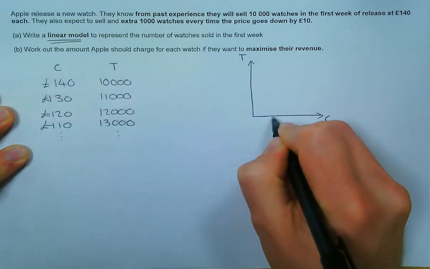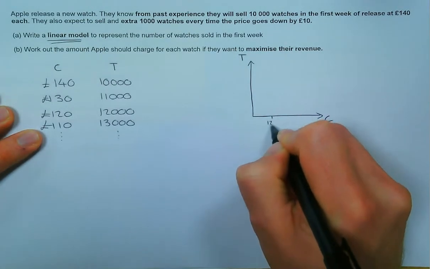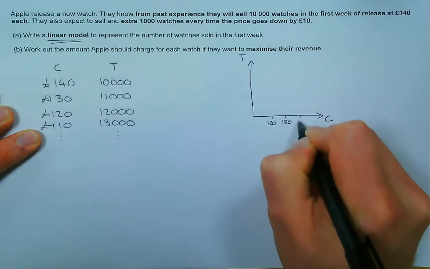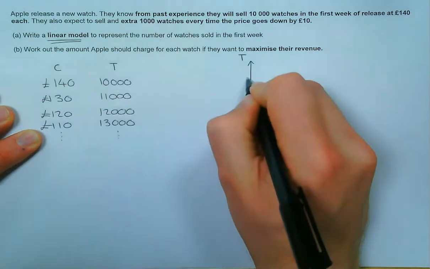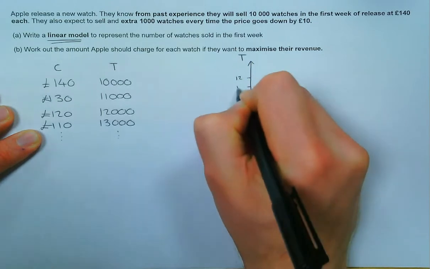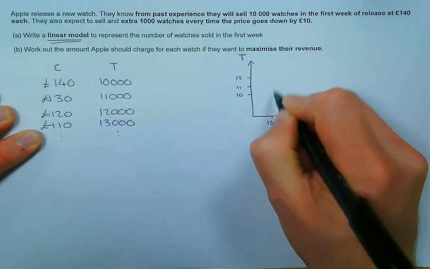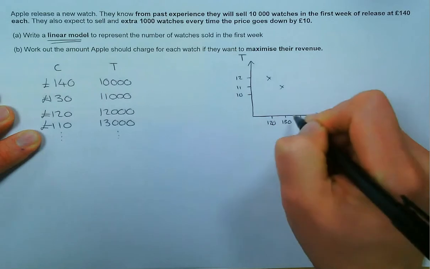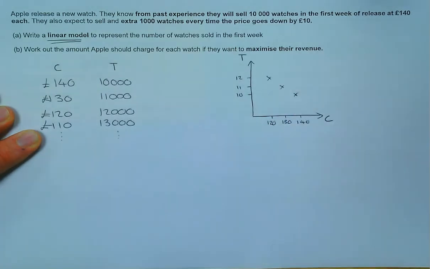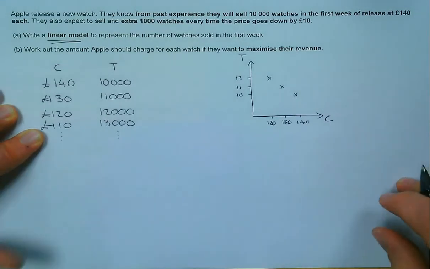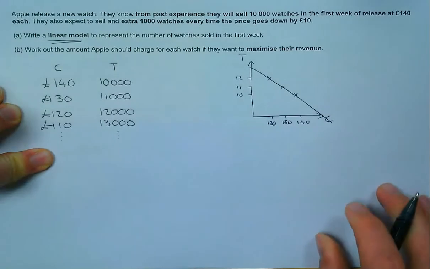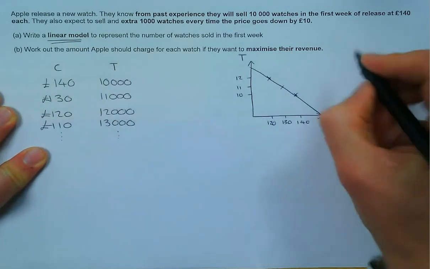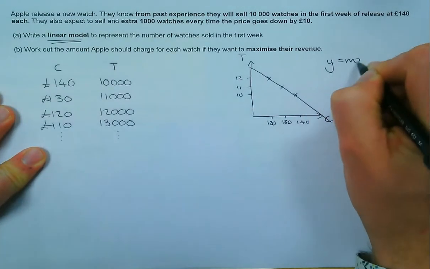Let's just do the top three: we've got 120, 130 and 140, and their respective numbers are 12,000, 11,000 and 10,000. If you plot those, you can see because it's going up by the same amount or down by the same amount, it is going to be linear. I'm just going to draw this line in. Okay, there you go. So it's definitely linear.